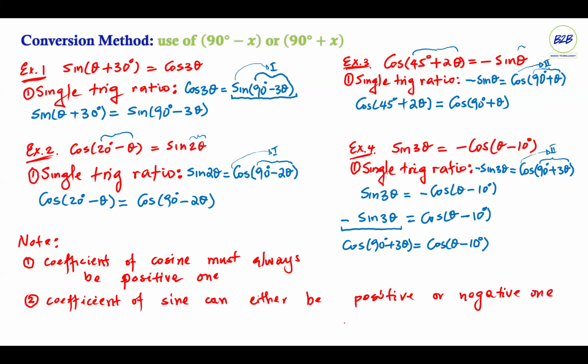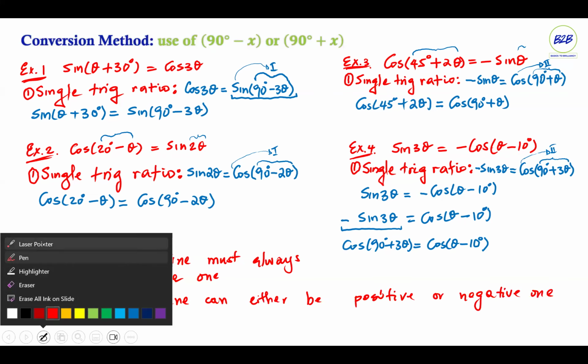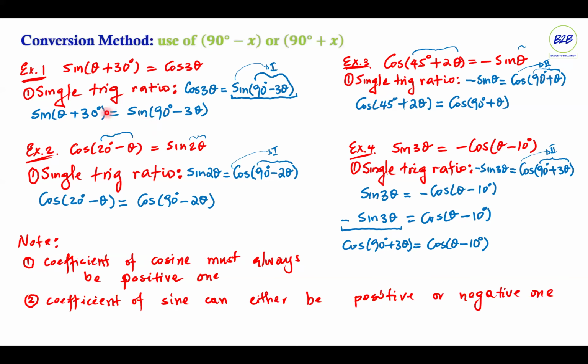It really doesn't matter. Let us go to our first example. The coefficient of sine there was +1. The coefficient of sine here was +1, and we used 90 minus. The coefficient of sine here was negative. The coefficient of sine here was negative.